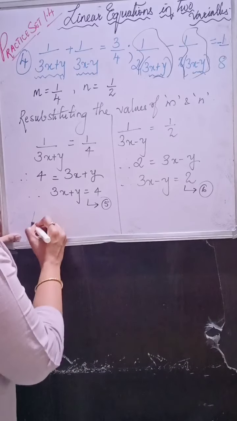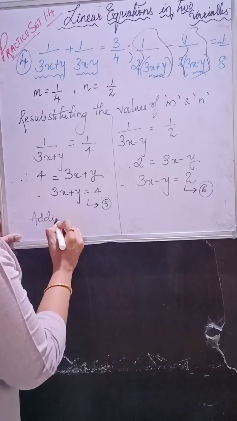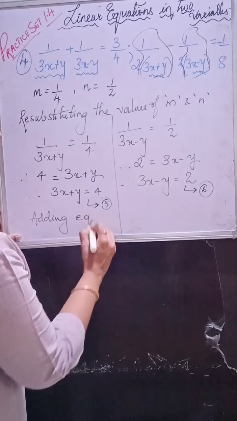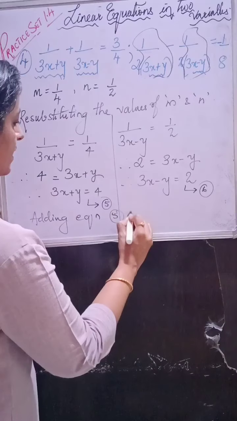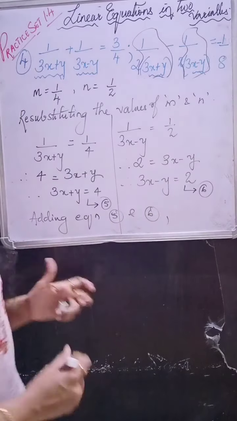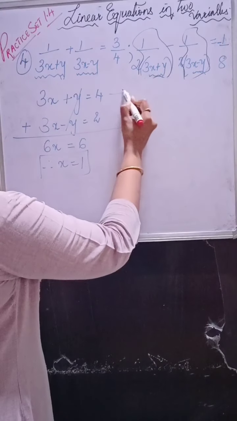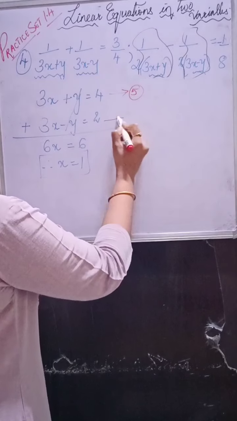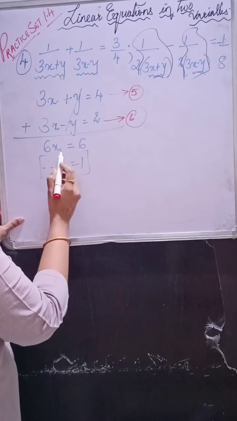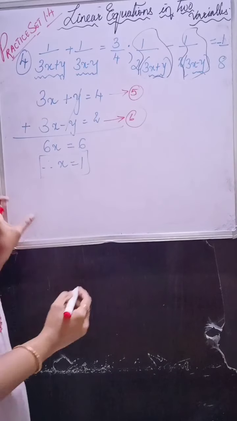Write down adding equation 5 and 6. Adding equation 5 and 6. So when I added the 5th and the 6th equation, I got 6x is equal to 6, x is equal to 1.